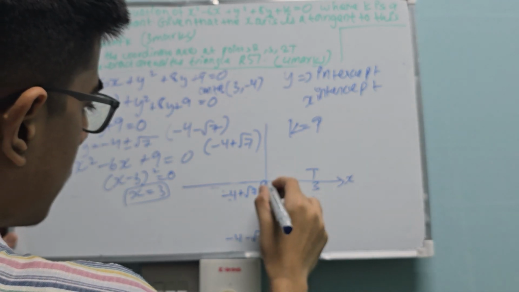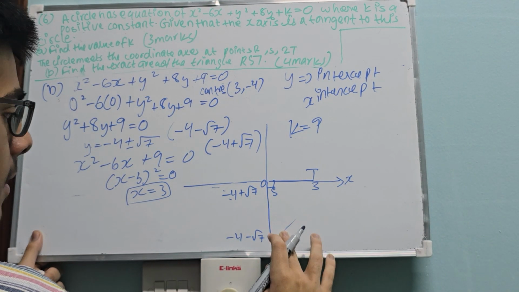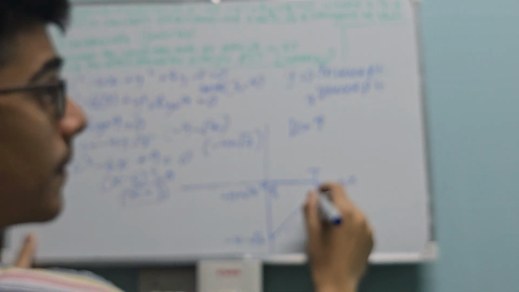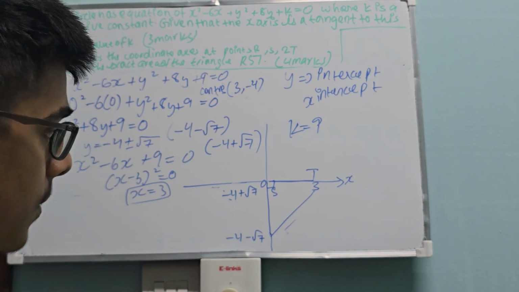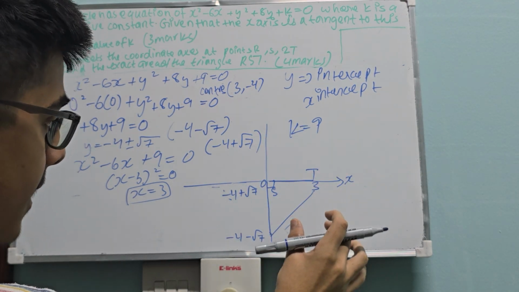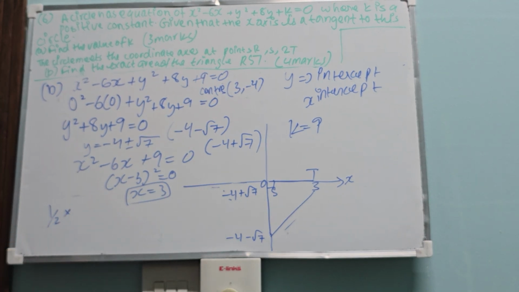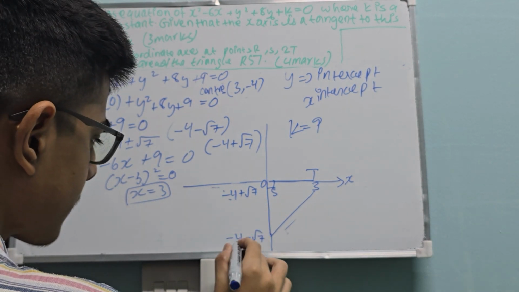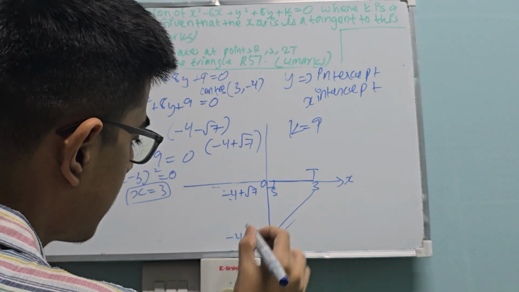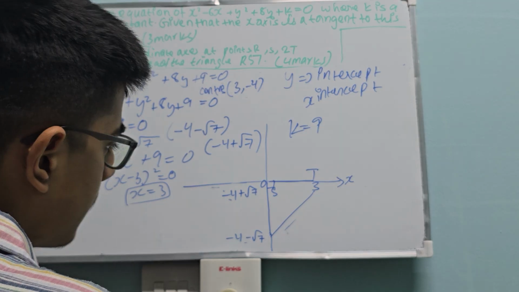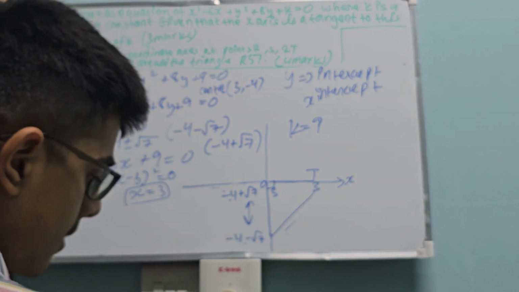So we can draw a triangle here. Now if we draw a triangle, we need two things: the base and the height. The base is going to be the difference between these coordinates.